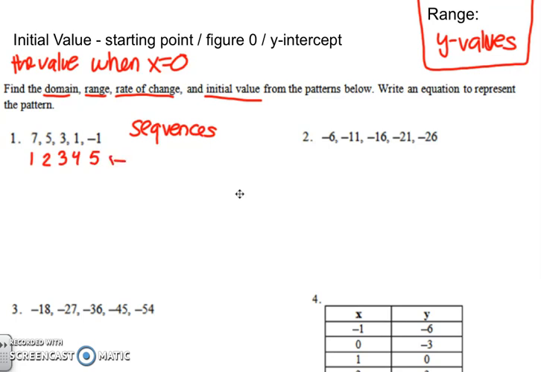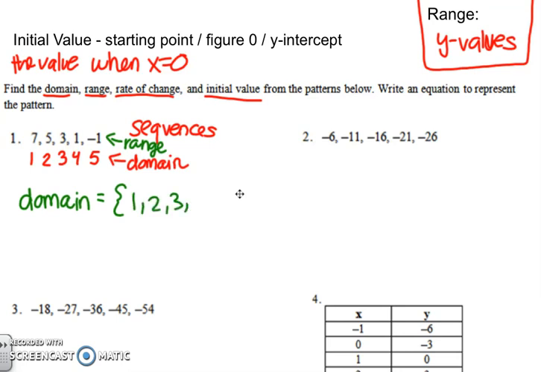The numbers that you write are called the domain. And then that means the number up here, I'll write that in green. Those numbers are called the range. Okay? So yes, you're going to have to rewrite those. So when you rewrite them, you're going to say the domain equals, you write this little squiggly bracket, and then you list the numbers with commas.